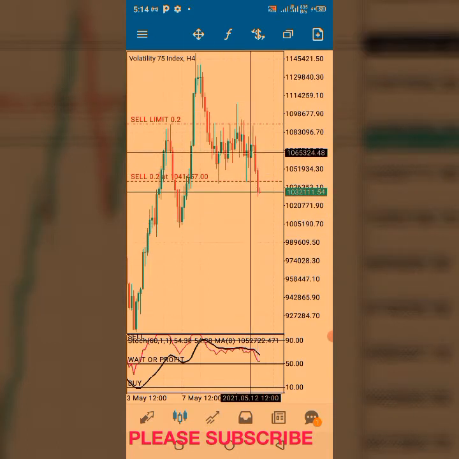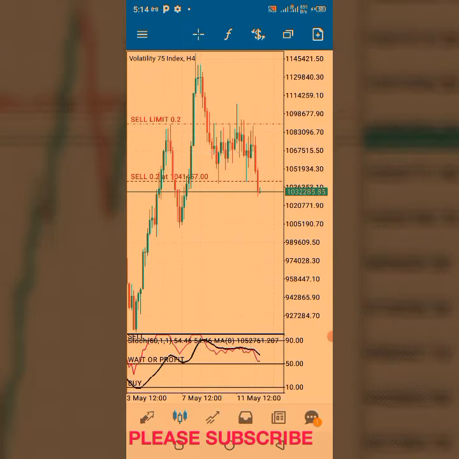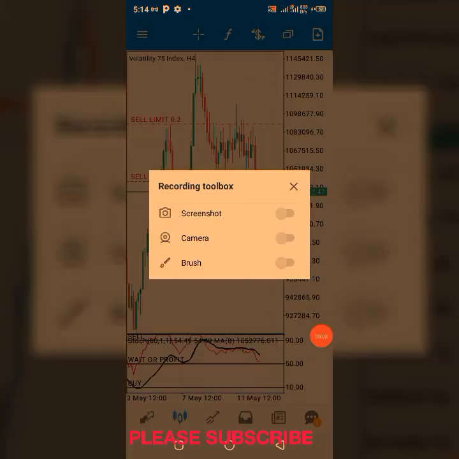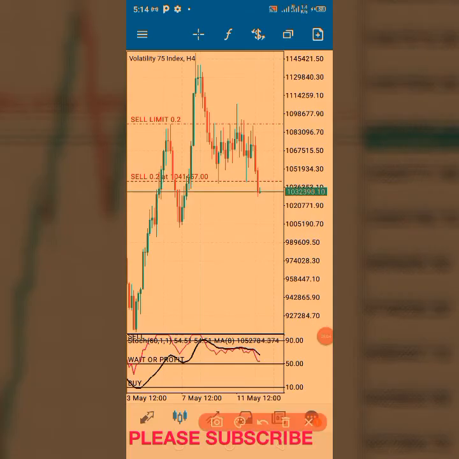let me show you what I mean. This is the first shoulder, this is the head, and this is the second shoulder. When you connect the bottom of this pattern, let me connect it right now.